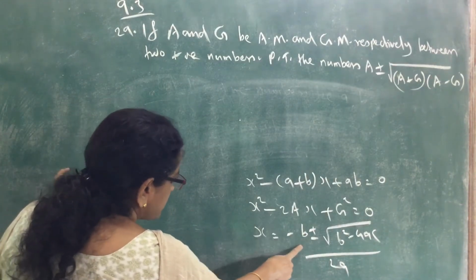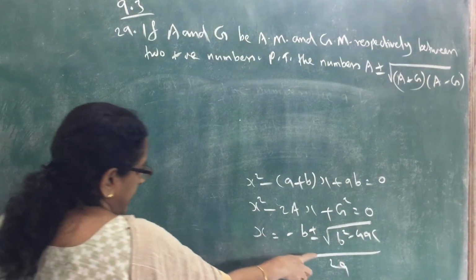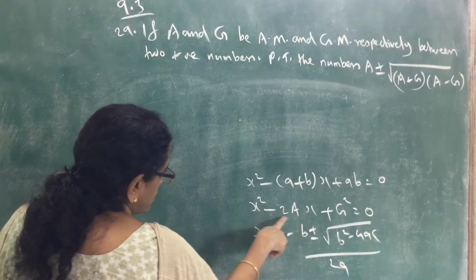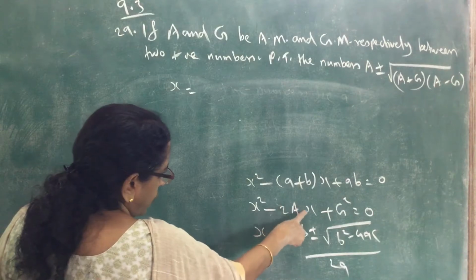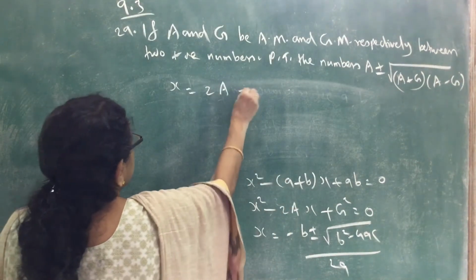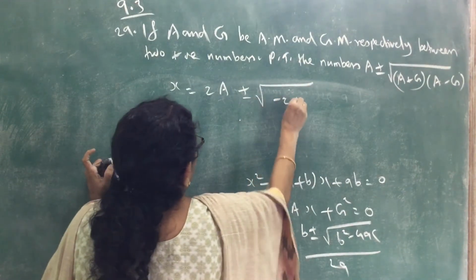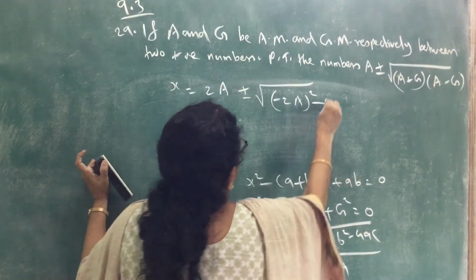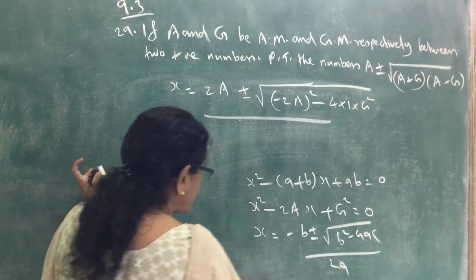Substituting in the formula, minus b, where b is the coefficient of x, which is minus 2A, gives positive 2A. Plus or minus root of b square, that is minus 2A whole square, minus 4ac, 4 into 1 into G square, whole divided by 2 into 1.